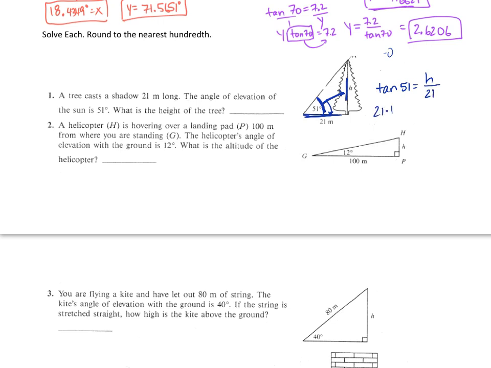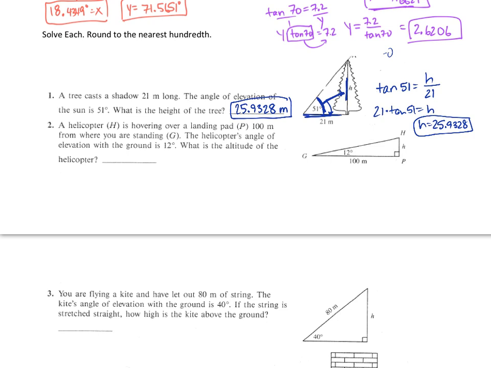So 21 times the tangent of 51 is h. 21 tangent 51 is going to be 25.9328. So h is 25.9328. All right, and that would be meters.